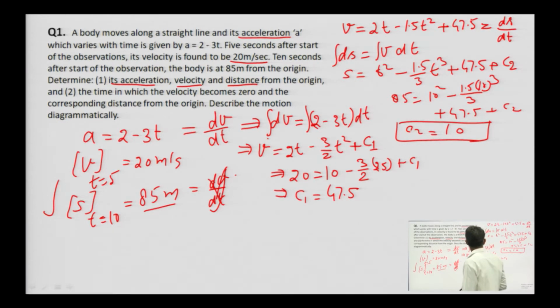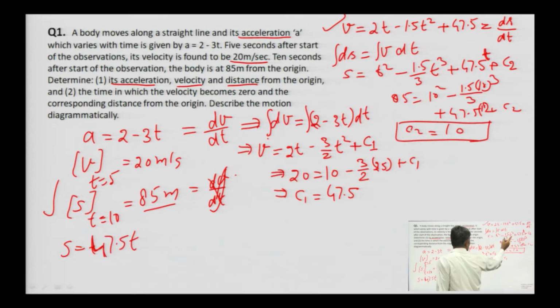So, finally we have v is equal to this one, and s is equal to t square minus 0.5 t cube plus 47.5 t plus 10.